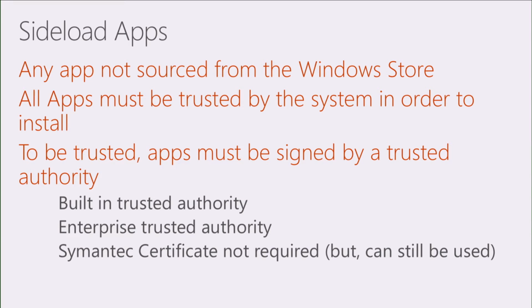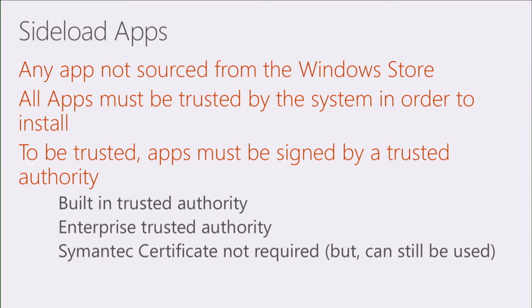Those are still side-loading, so the nature of being able to install these applications that are not signed by the Windows Store is simply the nature of side-loading. So either you're using a built-in trusted authority like the Store or one of those well-known identity providers, or you're using one of your own enterprise trusted authorities.